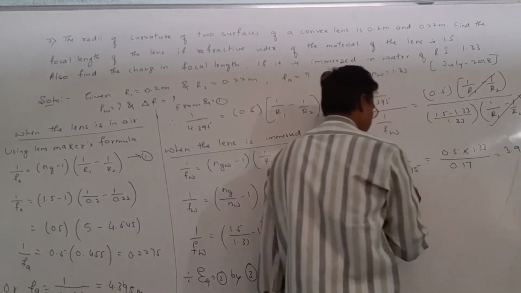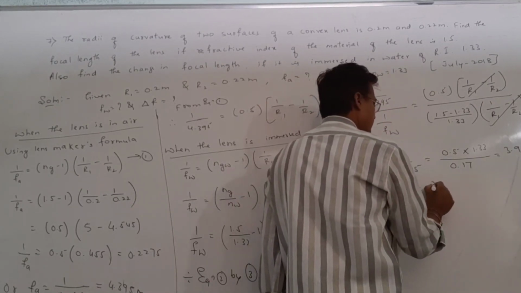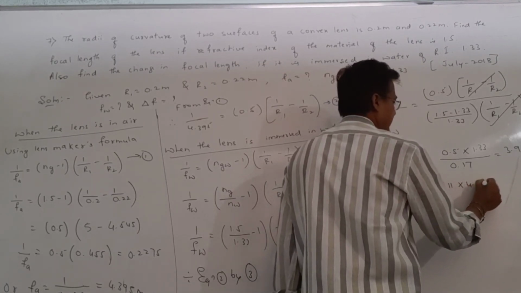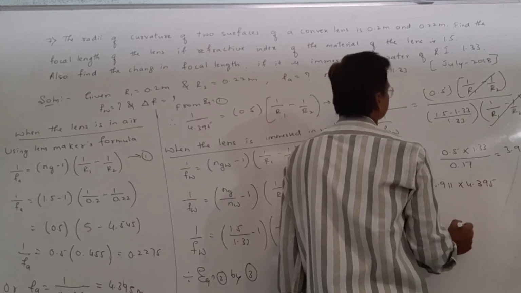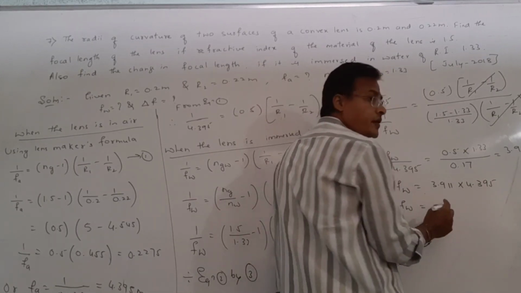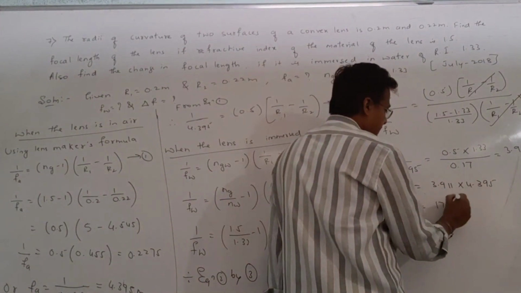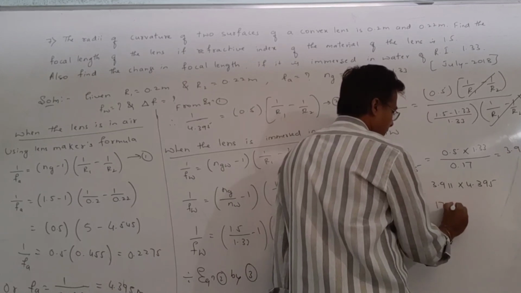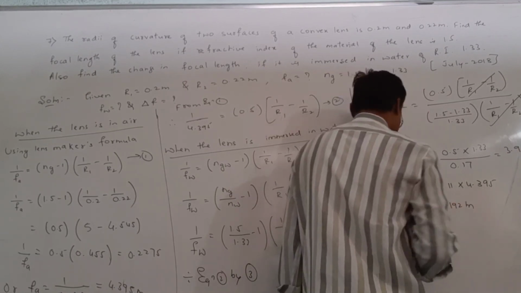3.911. So FW equal to 3.911 into 4.395, 17.192 meter.